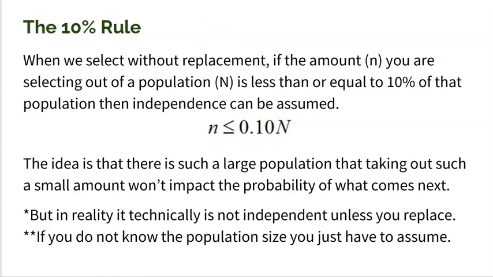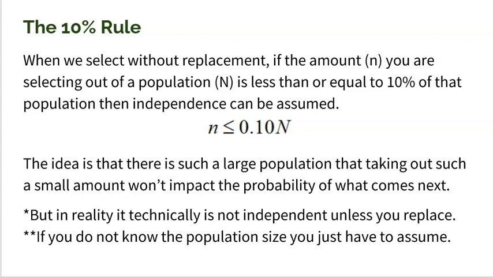Now, a lot of kids are like, hold on, what? Here's the idea. If you have thousands and thousands of marbles, and you take, even if you take 10 away, yes, you are changing the probability of what happens next because there's 10 less marbles and maybe they're all blue, there's 10 less blue, or maybe 5 are blue and 5 are red, there's less blue, less red. But the idea is that there are so many marbles still left that yes, you are technically changing the probability, but it's what we call negligible.